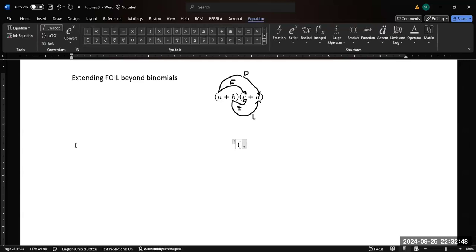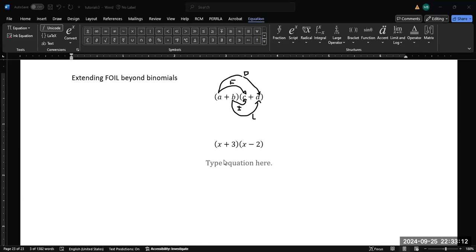So just as a reminder, we'll do an example with the binomial, and then we'll extend this to a binomial with a trinomial and a trinomial with a trinomial and so forth. So here we're going to look at our first, x times x, so the first component times the first component. That's going to get us x squared.